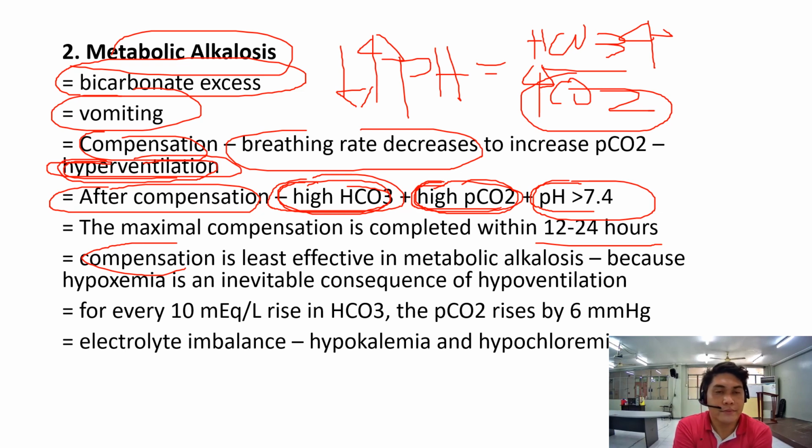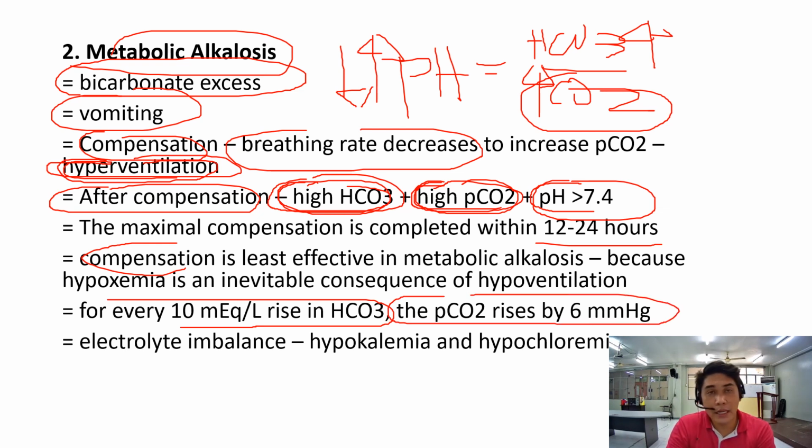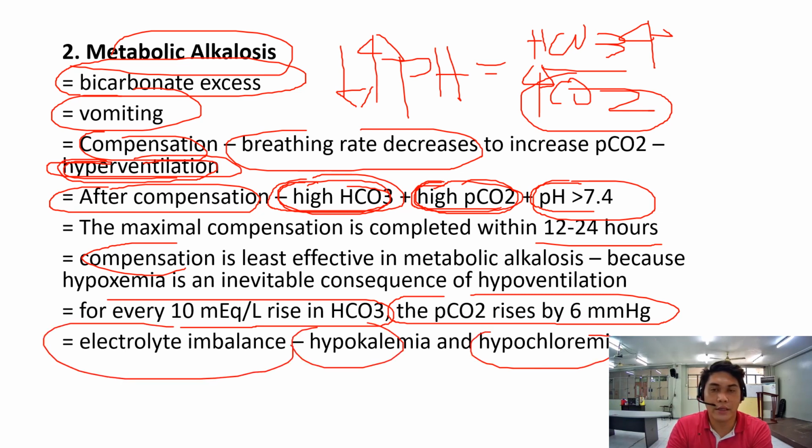Next, for every 10 mEq per liter rise in bicarbonate, the PCO2 rises by 6 mmHg. And the expected electrolyte imbalances for metabolic alkalosis are hypokalemia and hyperchloremia. There's hyperchloremia because you need to excrete chloride since there's an increase in bicarbonate.